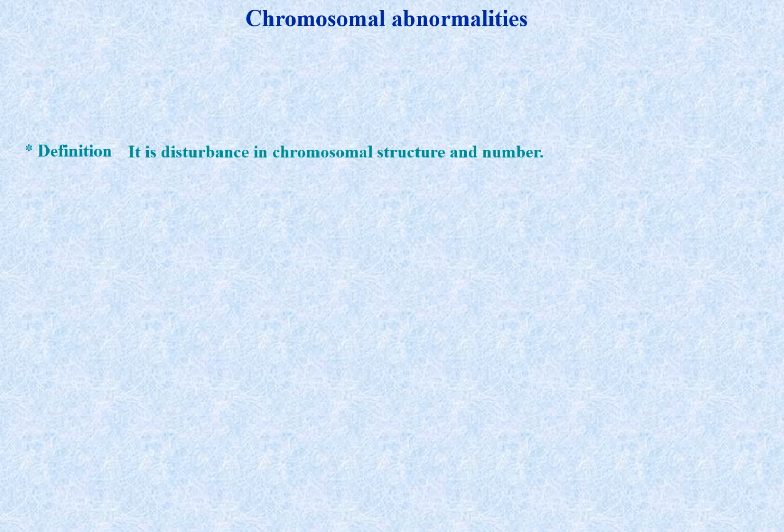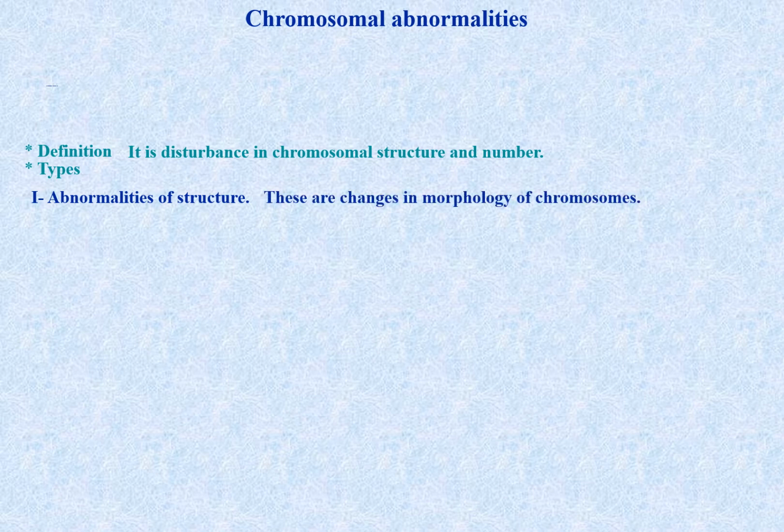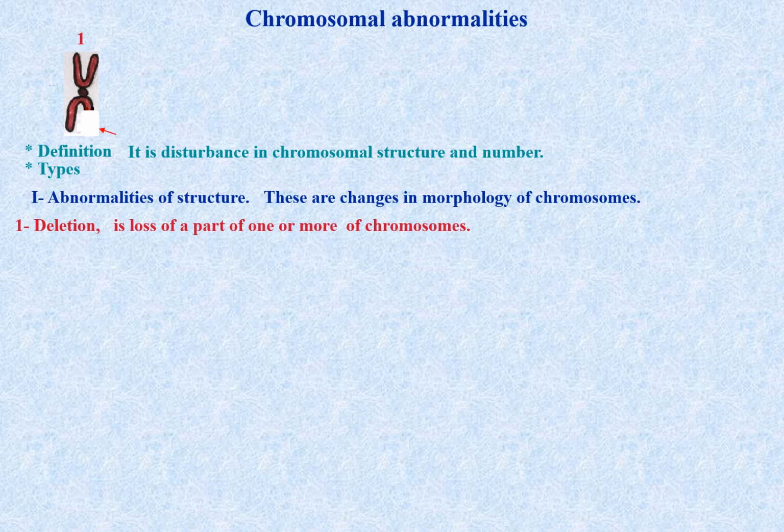Chromosomal abnormalities. Definition: it is the disturbance in chromosomal structure and number. Types. Abnormalities of structure: these are changes in morphology of chromosomes. Deletion is loss or detachment of a part of one or more chromosomes.